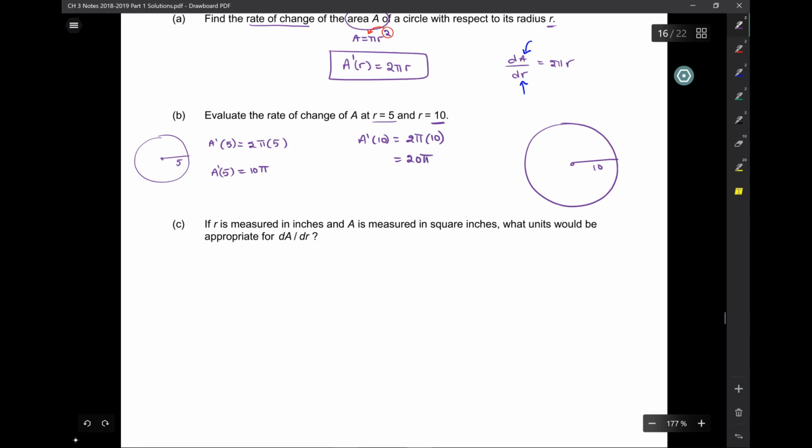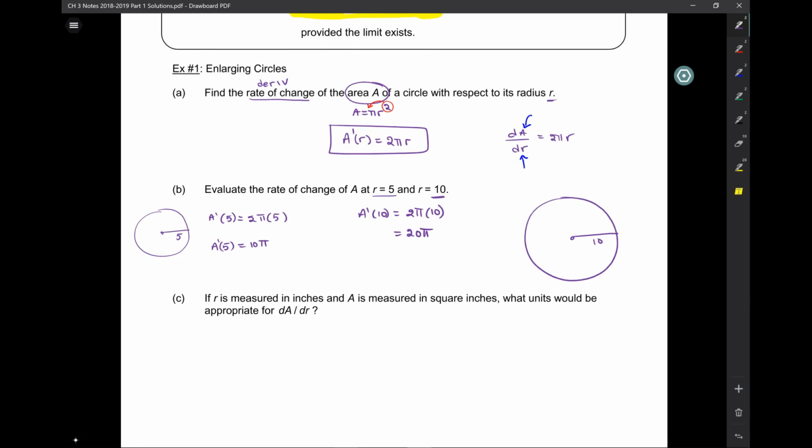Let's think about this for a minute. We have a circle that's gradually getting bigger, and the rate at which it's getting bigger is 2 pi r. Now, this is A prime of 5. What does that represent?